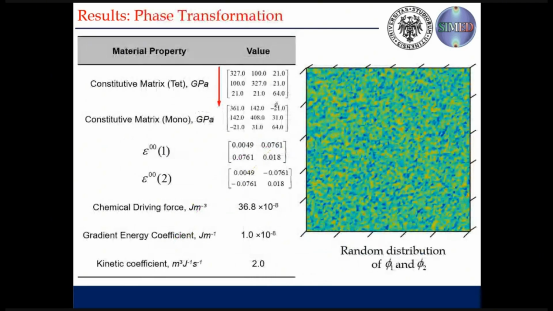For this, we consider a domain of 2 by 2 micron, and we give a random distribution of both the invariants η1 and η2, with a random distribution of up to 0.1. So up to 0.1 of random distribution in this domain, but first we start with the tetragonal.